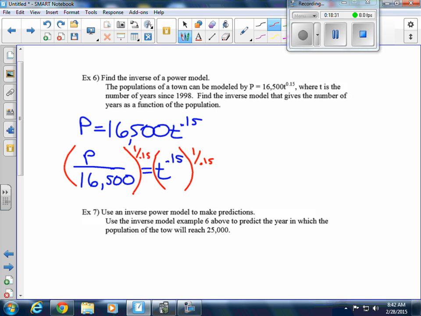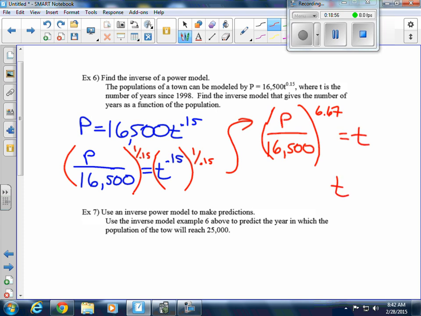over 0.15. So if we take 1 divided by 0.15, we're going to end up with 6.67 if we round it, equals t.